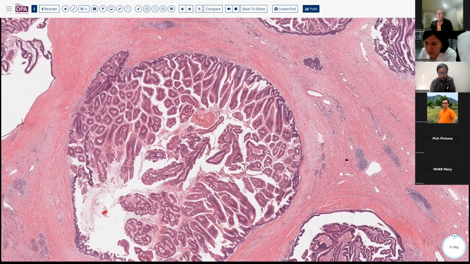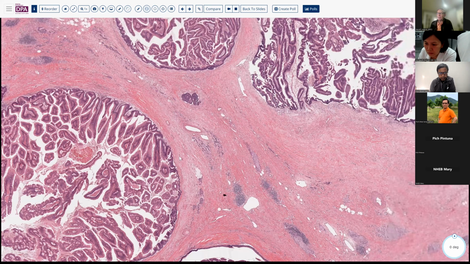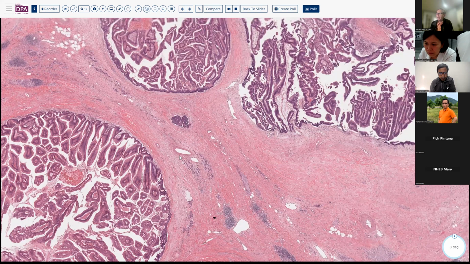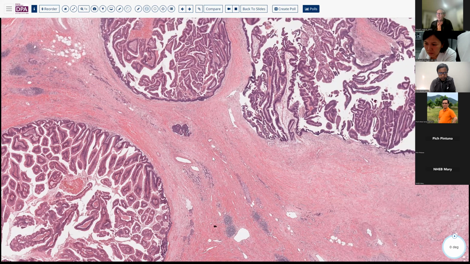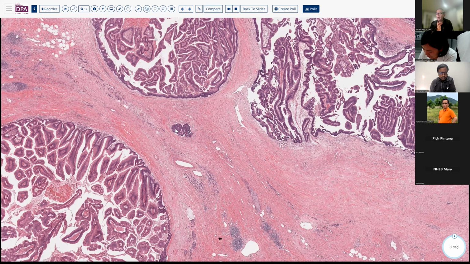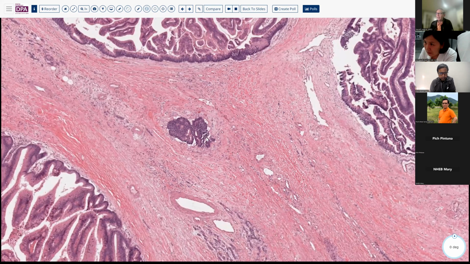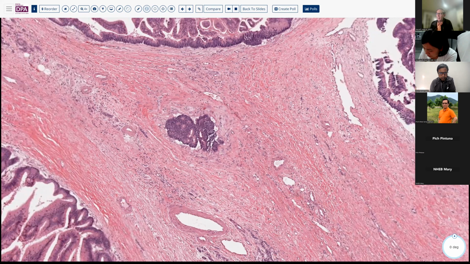Whenever you see this kind of proliferation present within a lesion that's been resected, you want to look very carefully to make sure that you don't have occult invasion. So looking at an area like this to make sure that this is not truly invasive neoplasia.